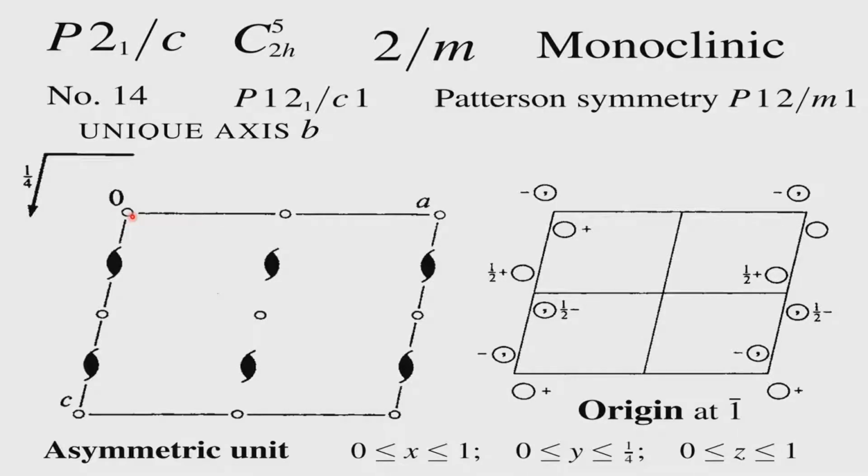So, here you see that the origin is the center of symmetry. The 2 1 screw is at 1/4 the distance, and then you see the glide plane, which is shown up here because it is coming in a direction perpendicular to that, and that is also at 1/4.